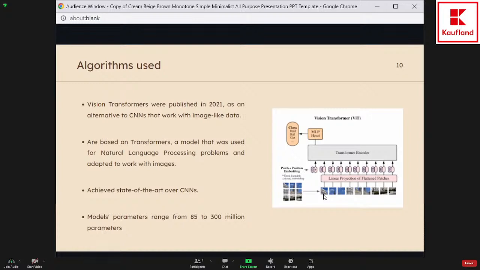That number is like the encoding of a word, so we can say that a patch is similar to a word. They have achieved state-of-the-art results over convolutional neural networks, which were the go-to solution until then. They are big models, ranging from 85 to 300 million parameters.